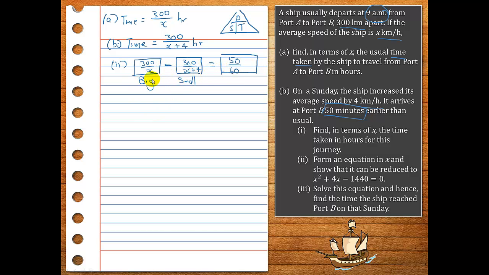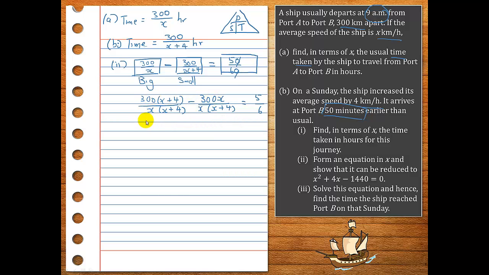To solve this fractional equation, we will first make this into a common denominator. Hence, we have 300 multiplied by x plus 4 over x multiplied by x plus 4, minus 300x over x multiplied by x plus 4, equals 5 over 6, cancelling the two zeros here.